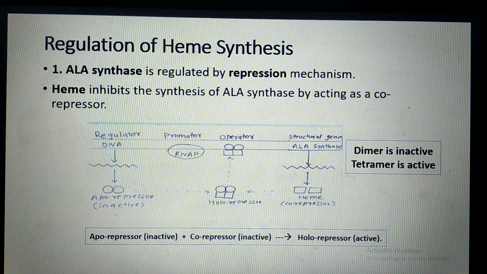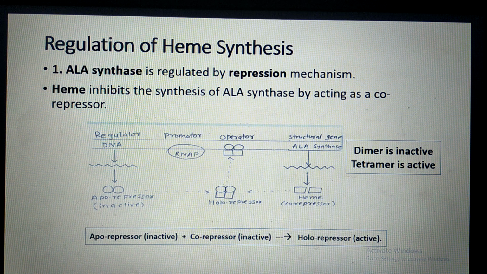Now on the right side, I have shown you the promoter region where RNA polymerase binds, then the operator region, and next is the structural gene responsible for synthesis of the enzyme ALA synthase. When this gene is translated, ALA synthase is synthesized, and this ALA synthase then stimulates the process of heme synthesis.